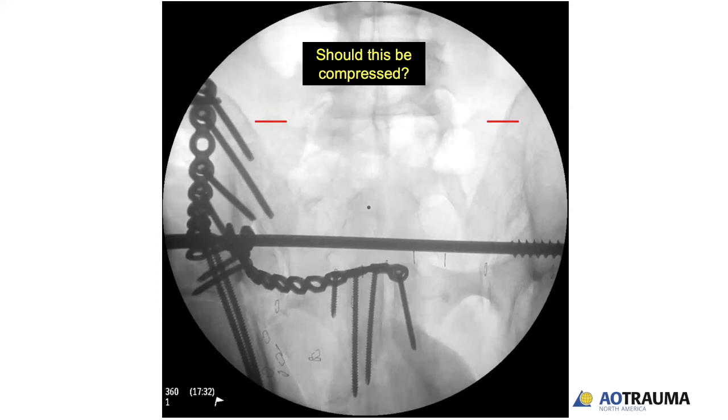Mike Stover, is compression always safe in sacral fractures? I don't know if it's always safe, I don't think I'd be able to say that, but I do think it's necessary. A lot of us have argued that's one of the reasons to do open reduction of sacral fractures, because you can usually get an area of reduction despite a lot of fragmentation, and you can follow the compression along that region as you tighten the screw down.